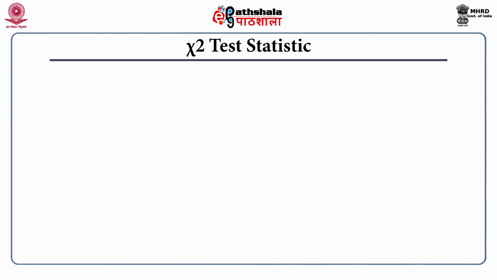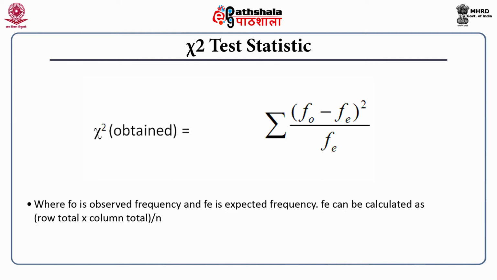Now, the chi-square test statistic can be computed using a small formula. Here it is: chi-square obtained is equal to sigma of (FO minus FE) whole square divided by FE. As I told you, FO is the observed frequency, while FE is the expected frequency given the null hypothesis is true. So that is how to get the chi-square, which is quite simple.